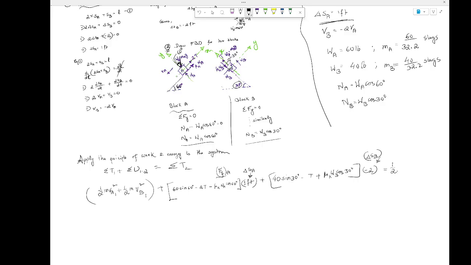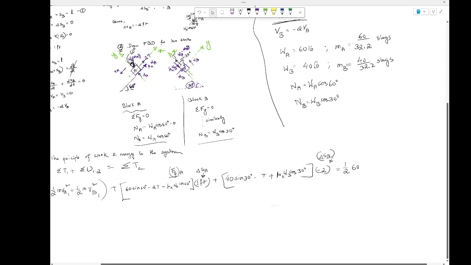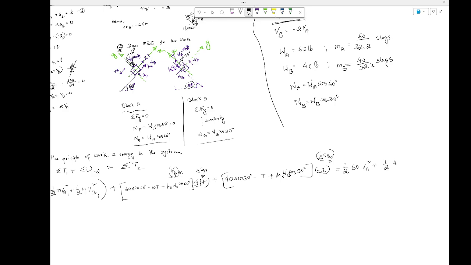Equal half of m_A v_A square plus half of m_B v_B square. Now remember, you gotta divide the weight by 32.2, right?